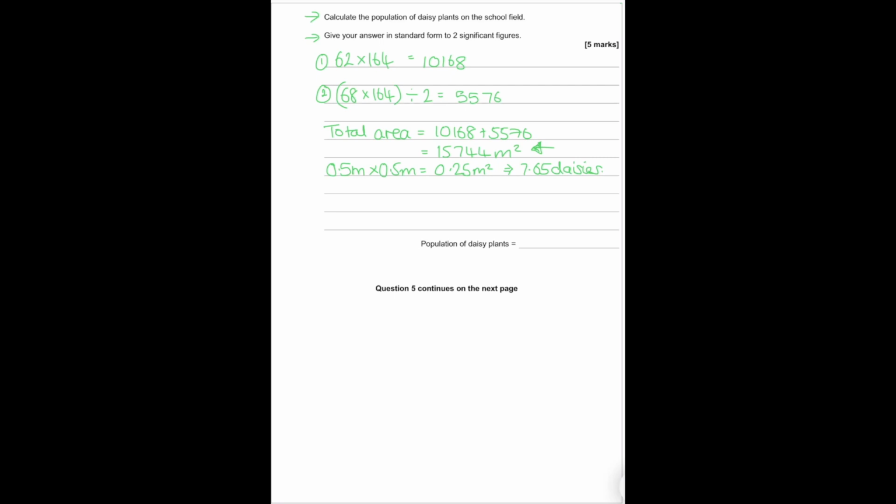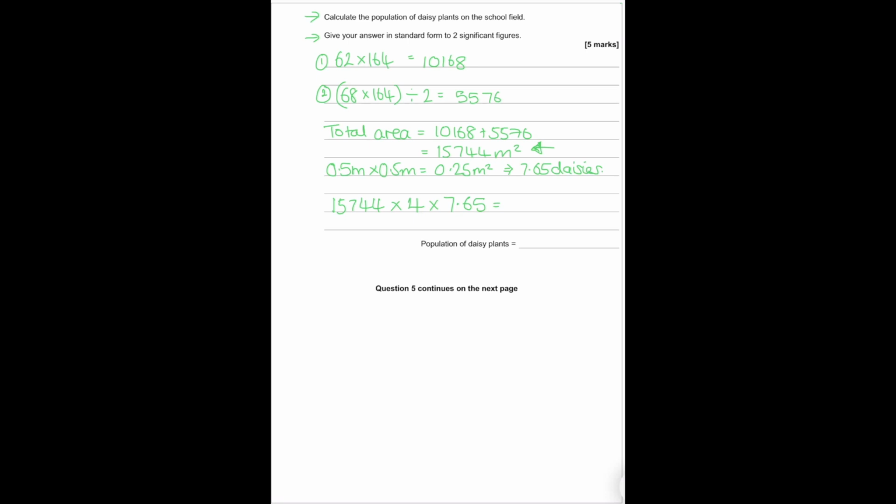So what that means is to get the number of daisies estimated, we would do our area, which is 15,744, times it by 4, and then times it by the number of daisies in a metre squared.